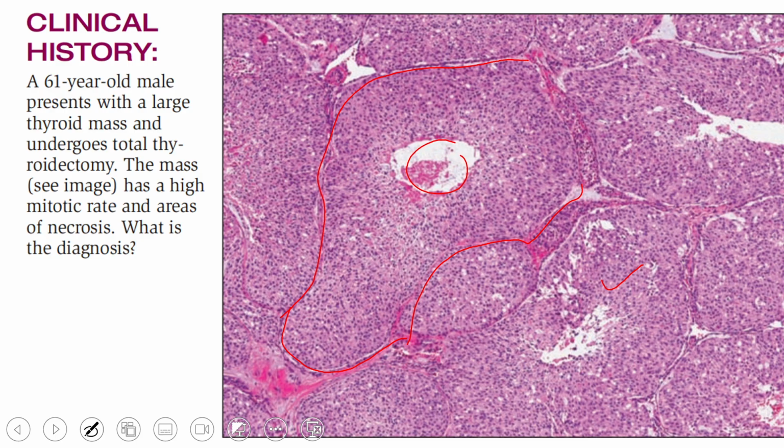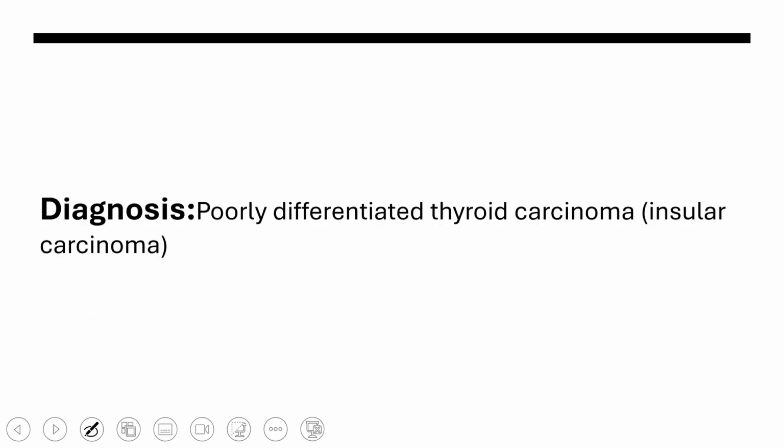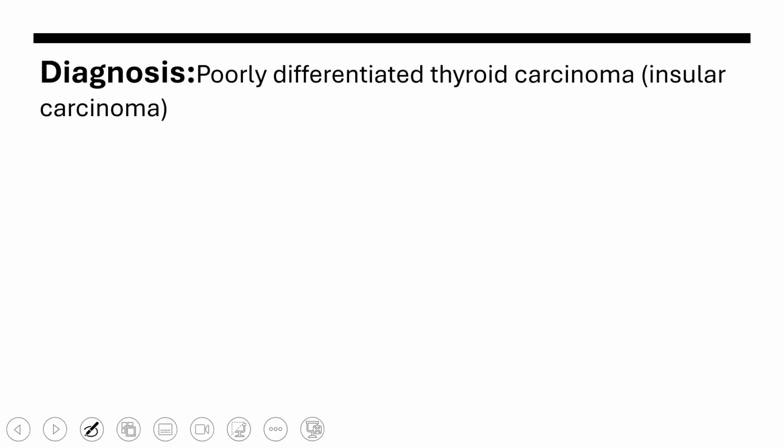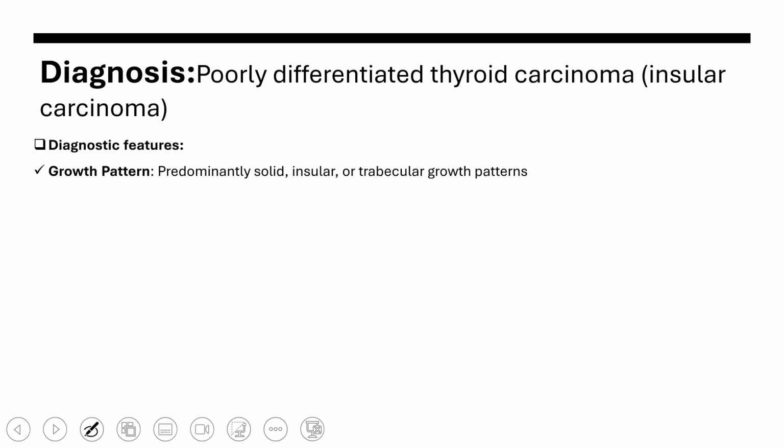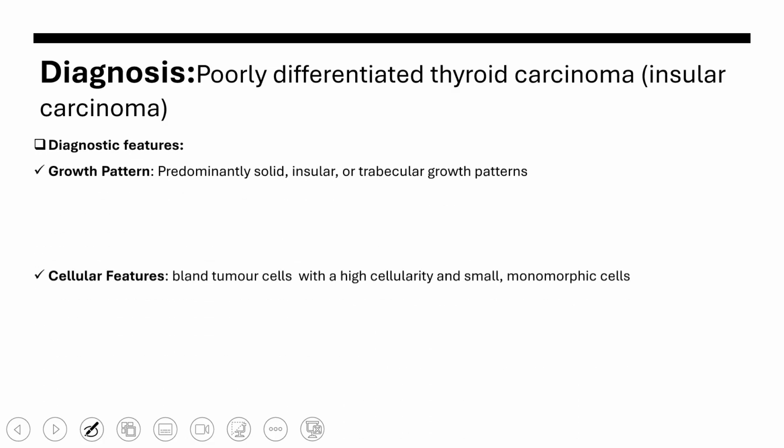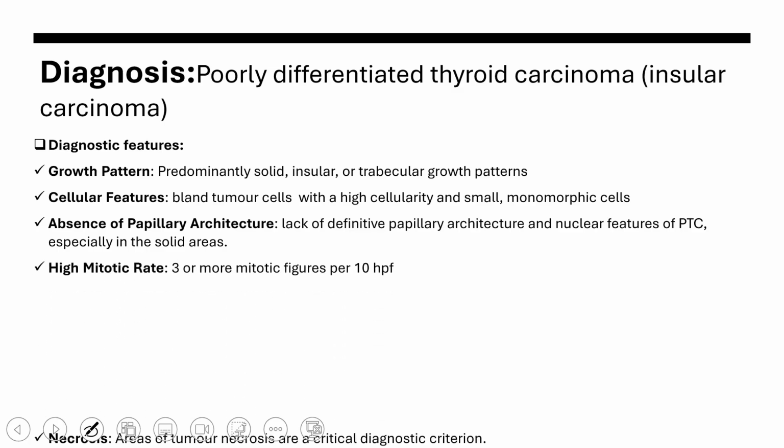A solid mass-like pattern and insular growth are appreciated, and such things can only be seen in poorly differentiated thyroid carcinoma, especially the insular type. So the diagnosis we can make is poorly differentiated thyroid carcinoma, insular type. And the diagnostic features that confirm this we discussed earlier.